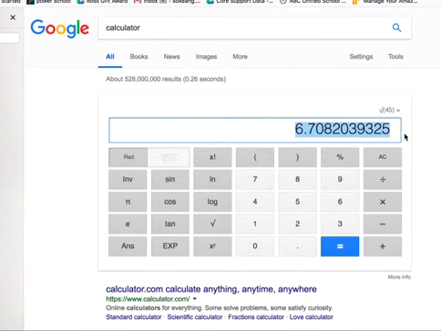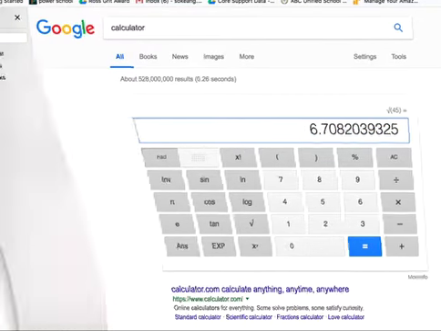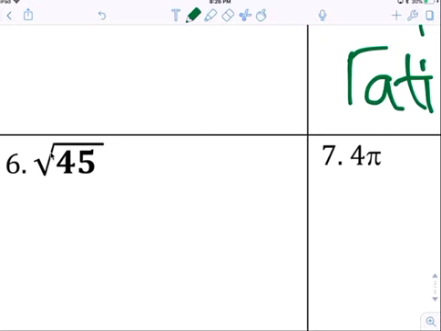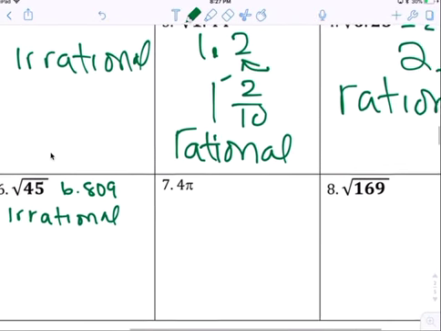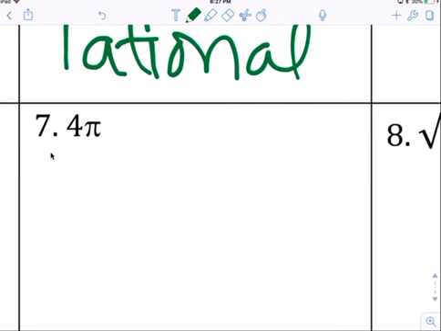Because it continues forever, we don't know the ending. 6.708, and we don't know the next number after that. It's irrational because we don't know the next number. We cannot make it into a fraction, so it's irrational.